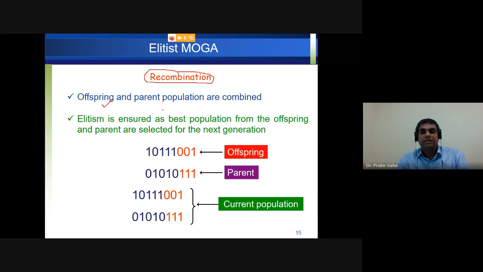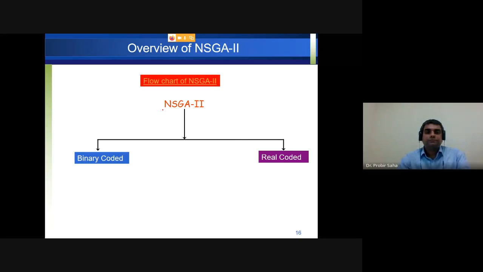The good parents will be there, and the bad children will not, because you are again selecting 100 out of 200. That is important in the case of elitist MOGA.